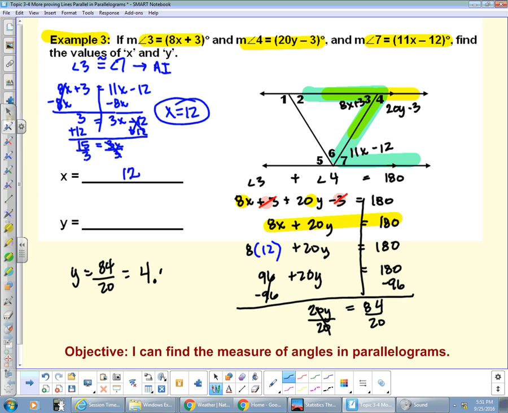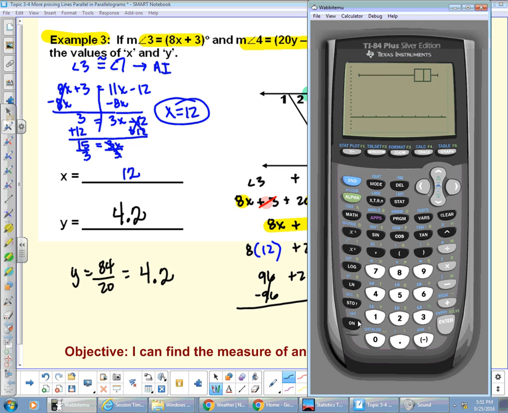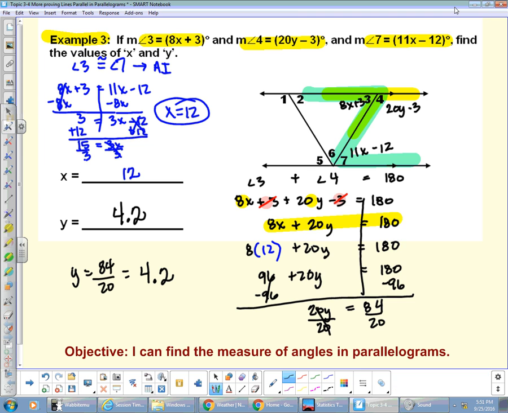And so I believe, check me in your calculator, that should be 4.2. Yep. So the value of y is going to be 4.2.